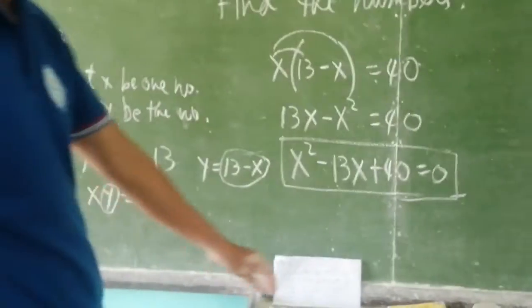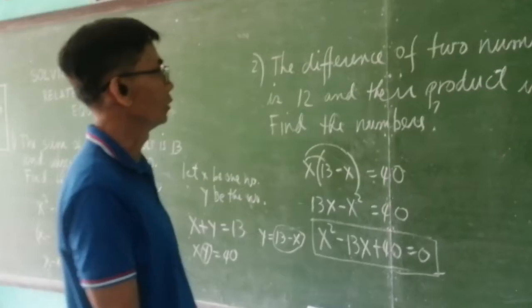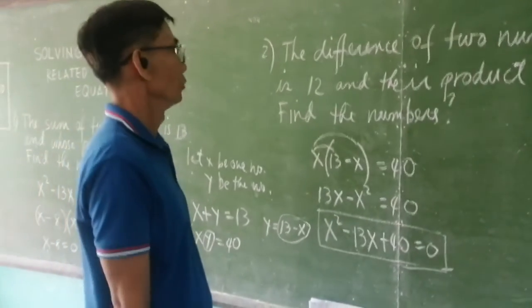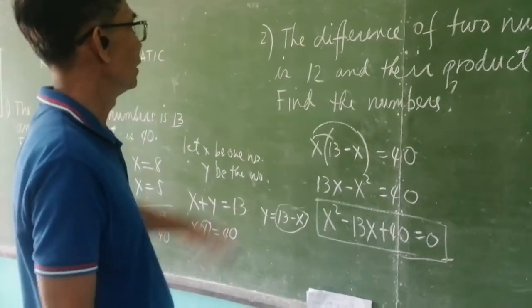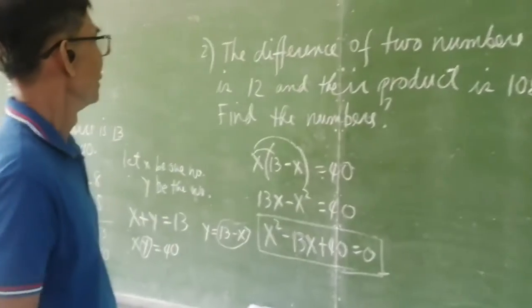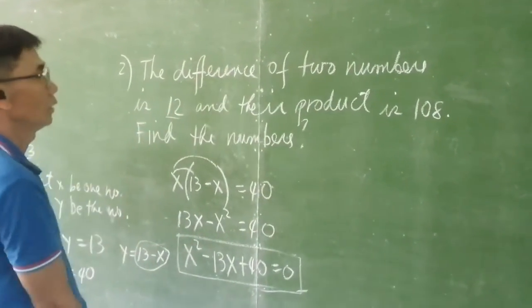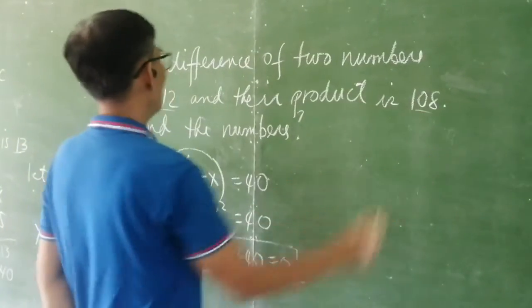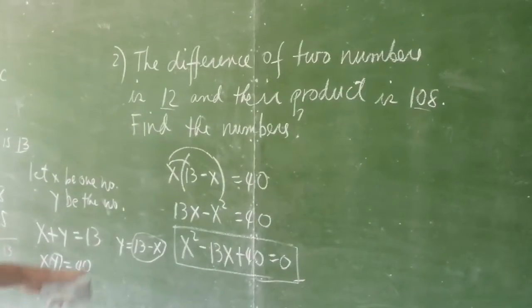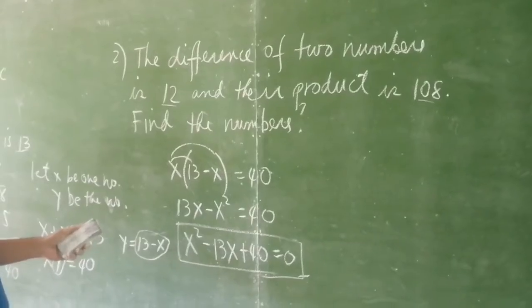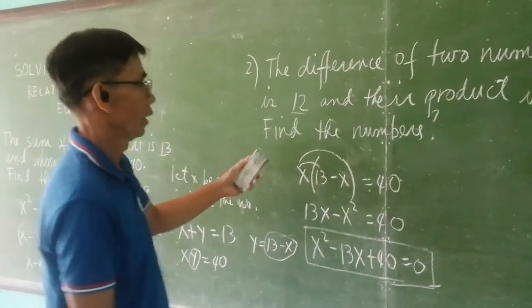Okay? Now, in case that you are going to look for two numbers again, this time the difference of two numbers is 12, and whose product is 108. So you can use the method like this.